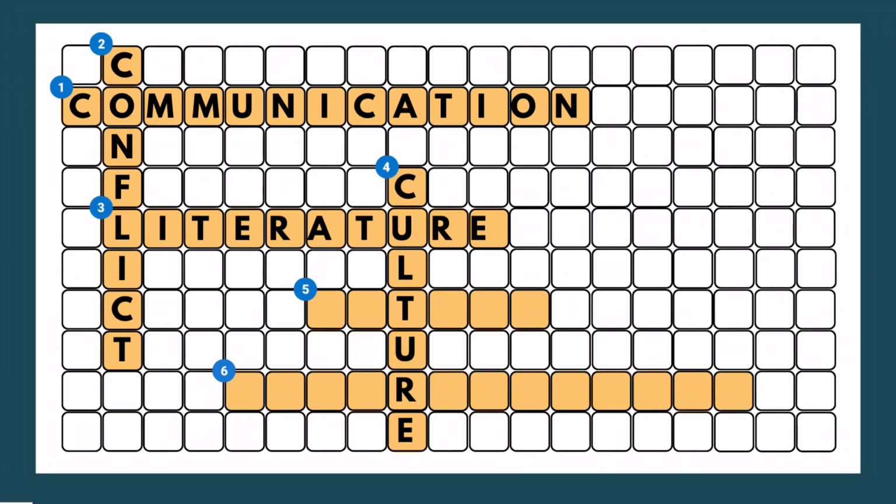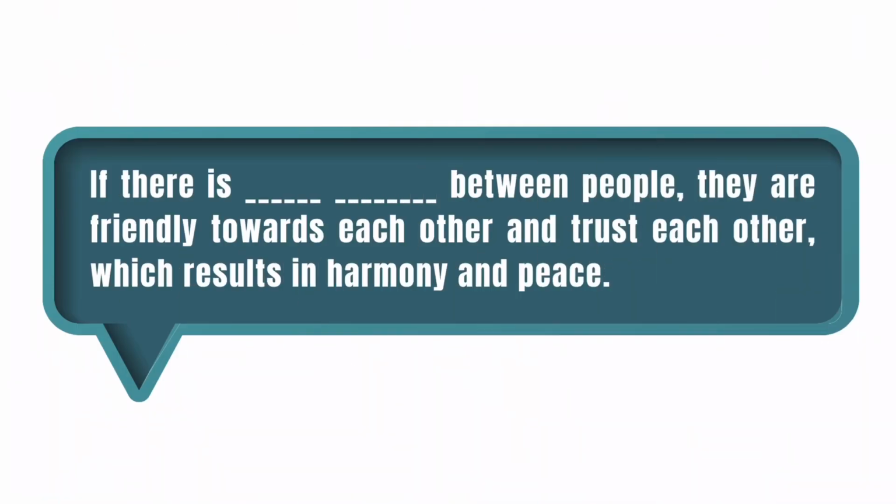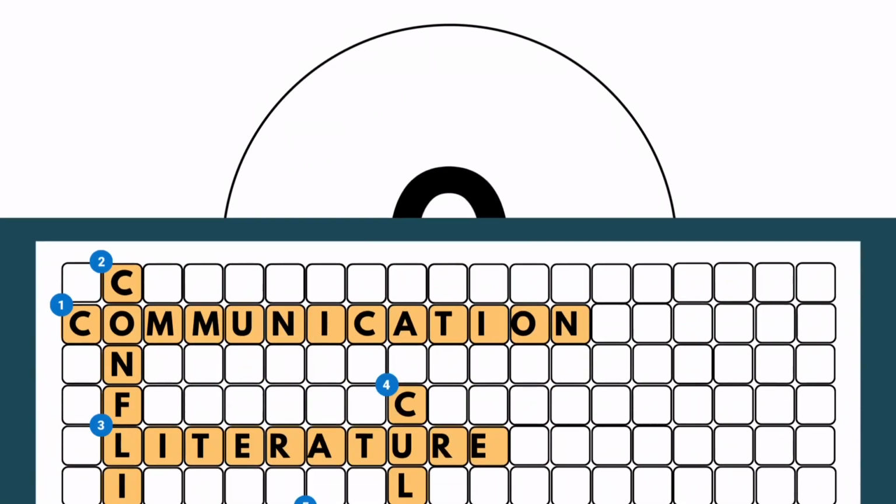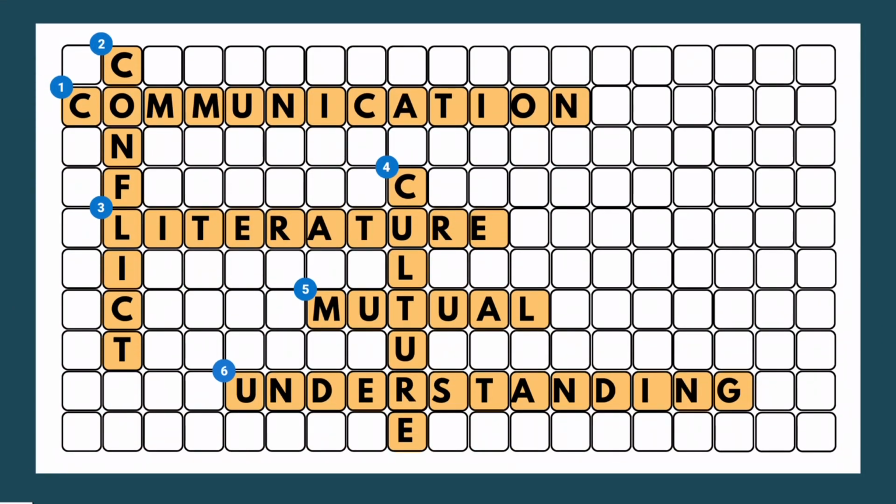For numbers 5 and 6, if there is blank between people, they are friendly towards each other and trust each other, which results in harmony and peace. You are right! The answer is mutual understanding.